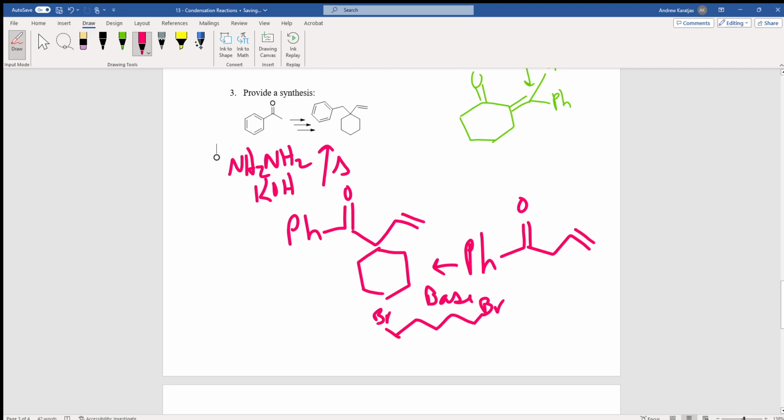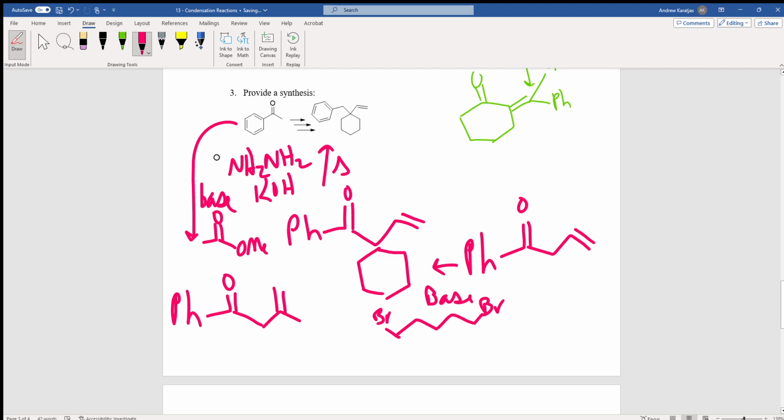Now, if I took my original starting material and added base plus an ester, that could give us this dicarbonyl.